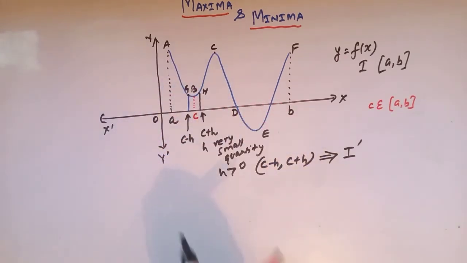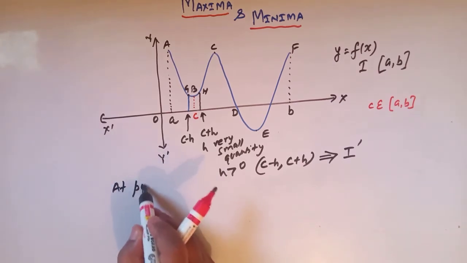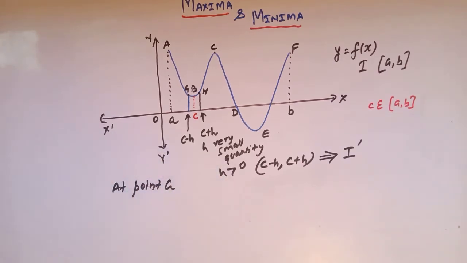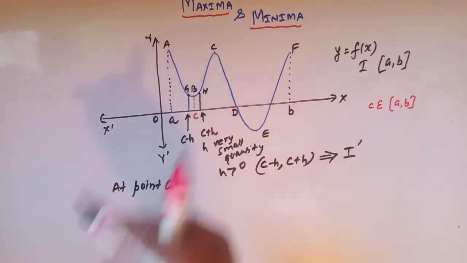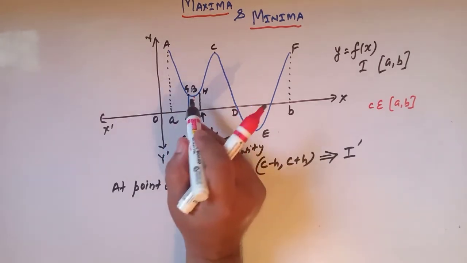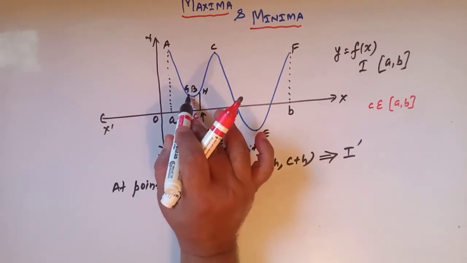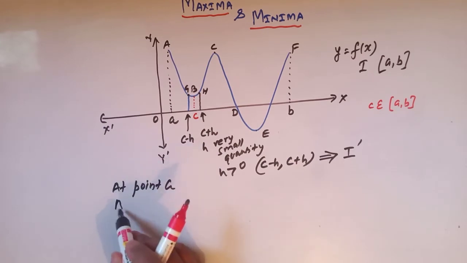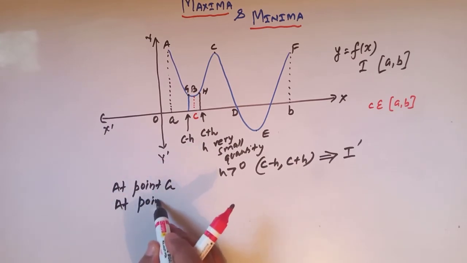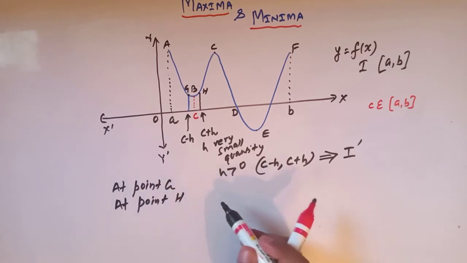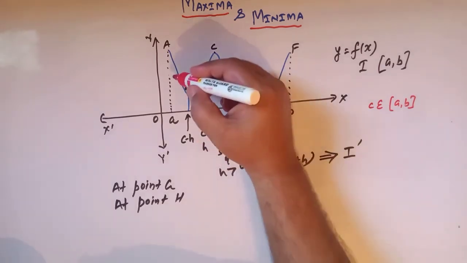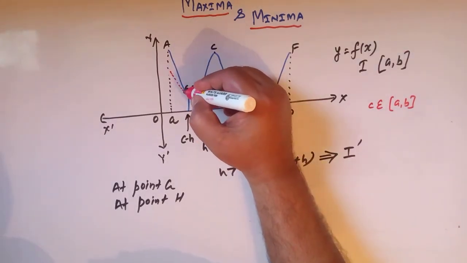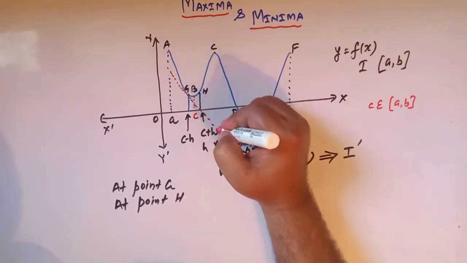Clear? Now at point G, what do we find? If we draw a tangent at this point G, and a tangent at the point H, what will we see?